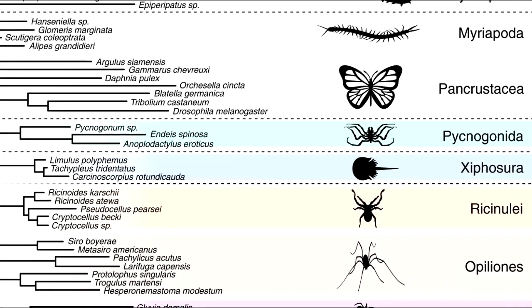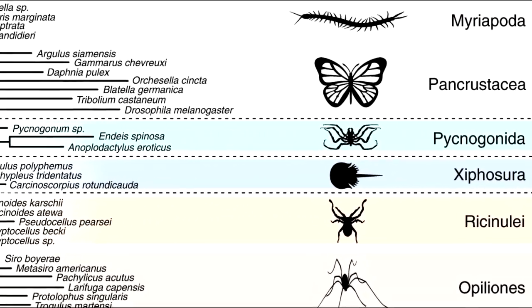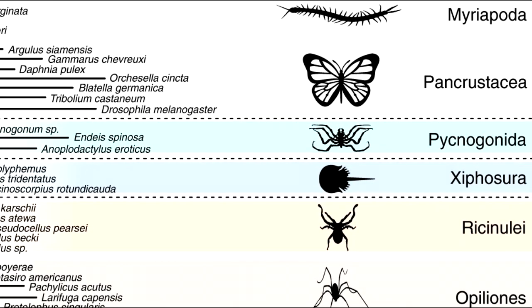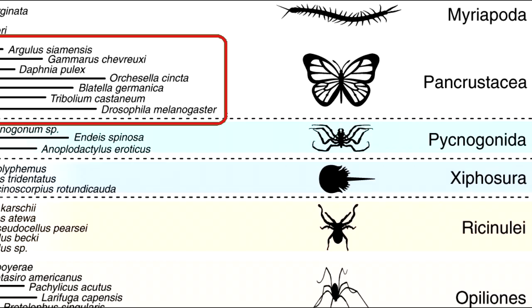Now look at the one with the butterfly. This is Pancrustacea. That means all crustaceans and all insects viewed as a single combined clade, separate from myriapods. Because if you put these two together with myriapods, that would be Mandibulata. Pancrustacea is represented here by a butterfly, but we can already guess that not all of the 7 species listed here would be butterflies.